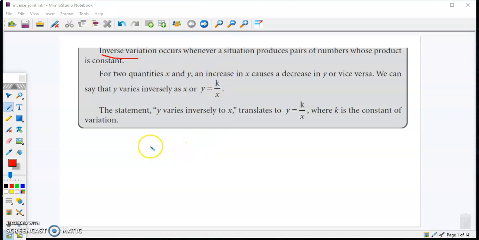So remember, when we say y varies inversely as x, we define the inverse variation wherein it produces pairs of numbers whose product is constant. So meaning to say, to solve for the value of k, we simply multiply the two quantities y times x. So always remember that in inverse variation, to solve for the constant of variation, you multiply the two quantities.